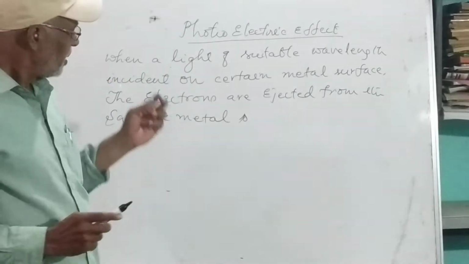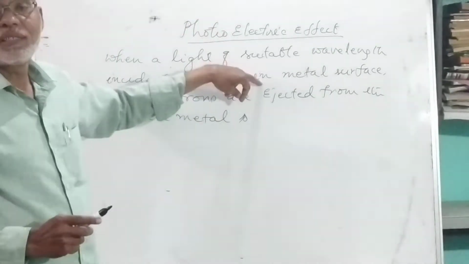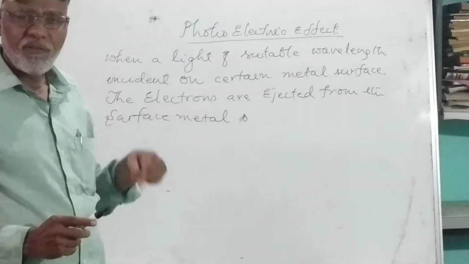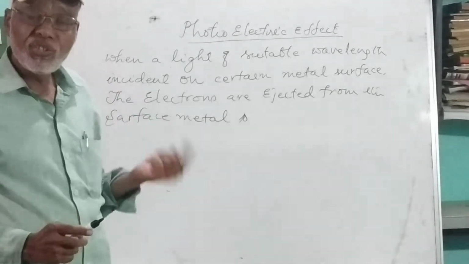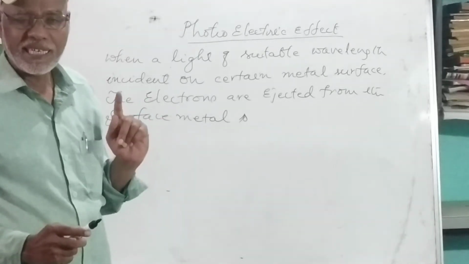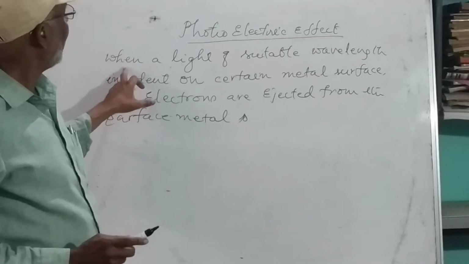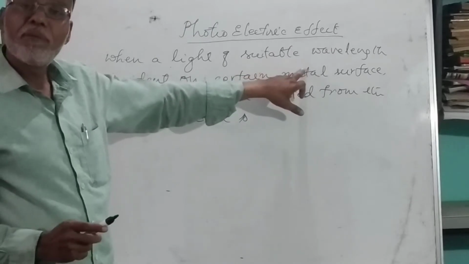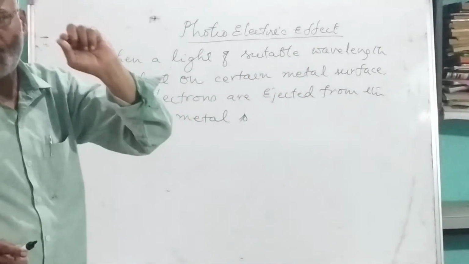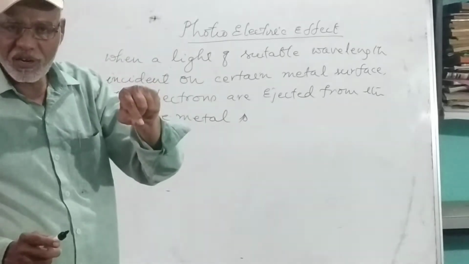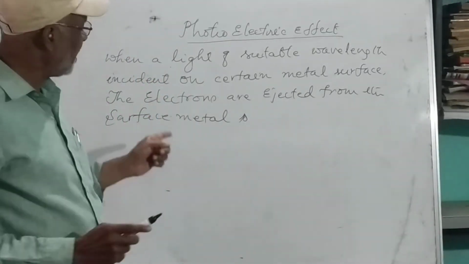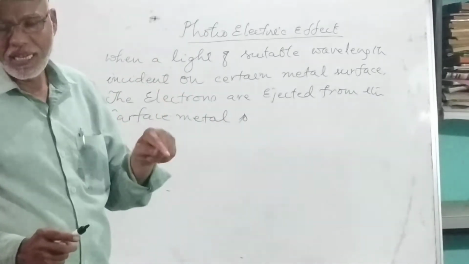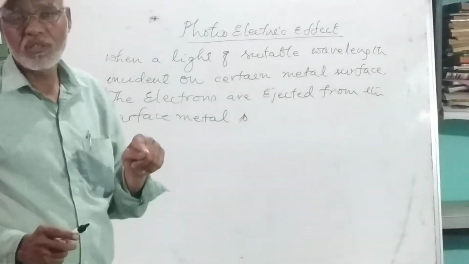These alkali metals are photosensitive only to visible light, whereas they are insensitive to ultraviolet rays. Zinc, manganese and cadmium are photosensitive to the UV rays.